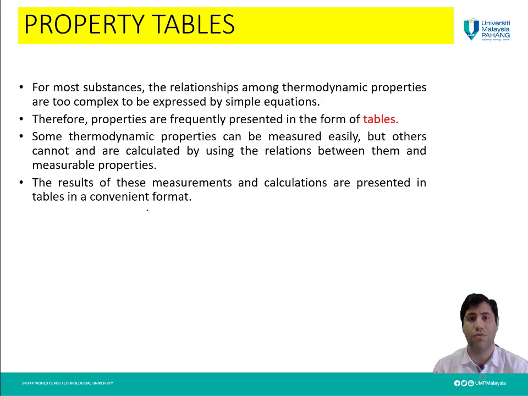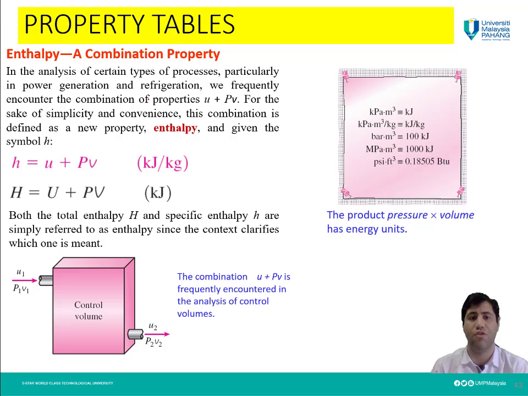But before I go to those tables, let me introduce you to a new property, which is actually a combination property. It is a combination of three other properties, which we call enthalpy. Enthalpy, or H, is equal to internal energy plus the pressure of that substance in that state times its specific volume when we use specific enthalpy.